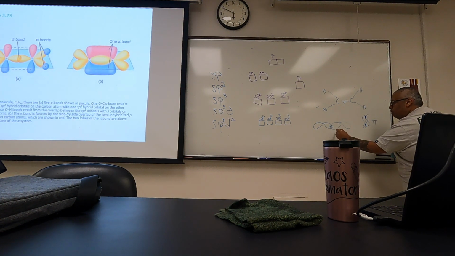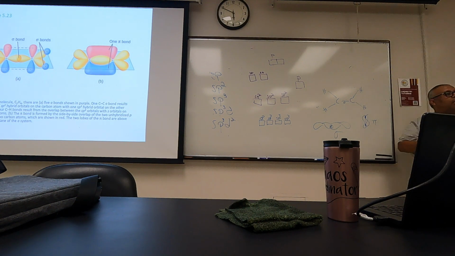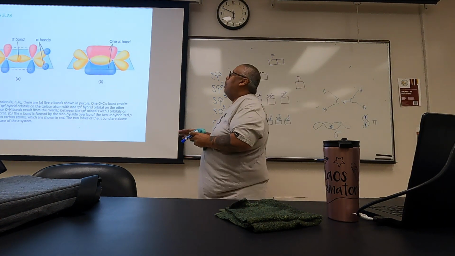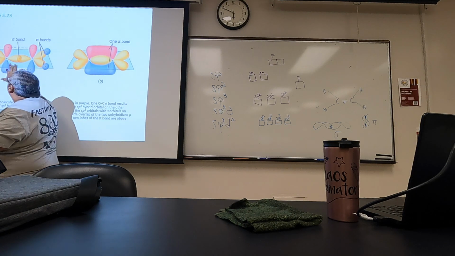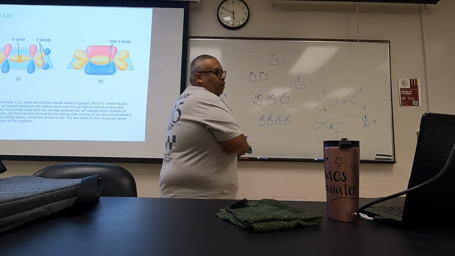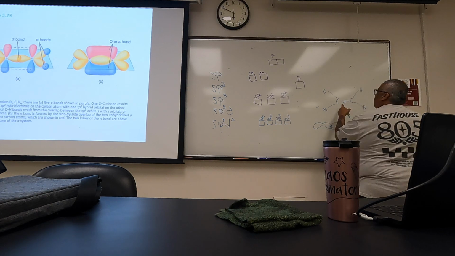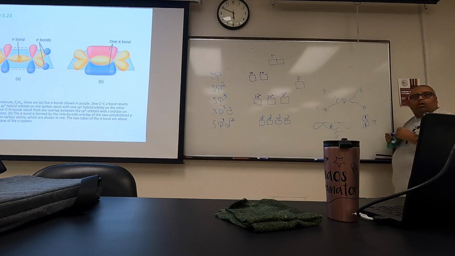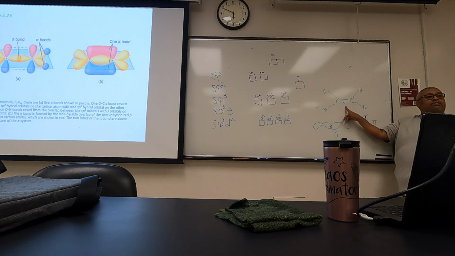This overlap here is just simply a sigma bond. So these 2 will meet and we will create 1 pi bond. Here's our sigma bond and here's our pi bond, and this now gives us a double bond.